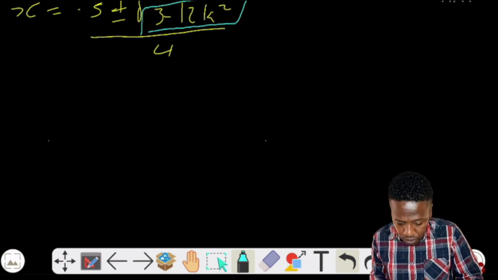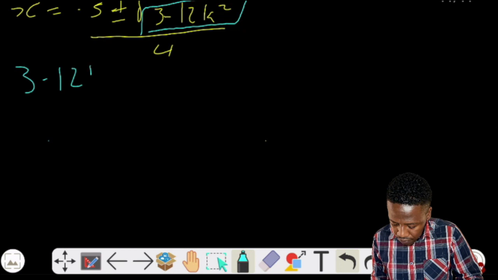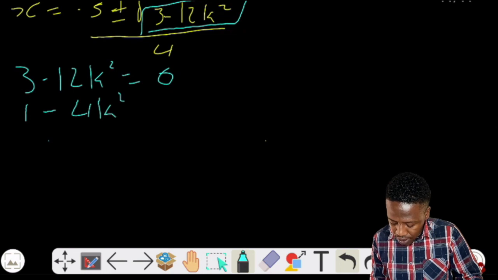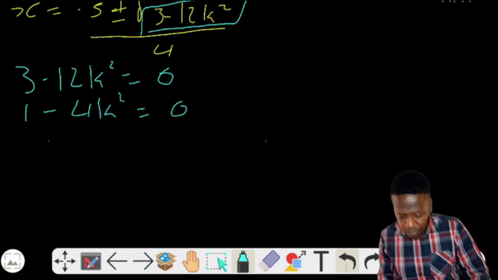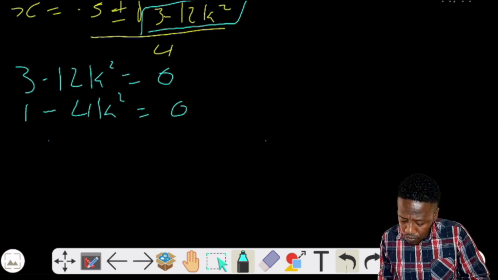We equate it to 0, and we are going to have 3 minus 12k squared equals 0. Let me simplify this. By simplifying, I'm going to have 1 minus 4k squared equals 0.